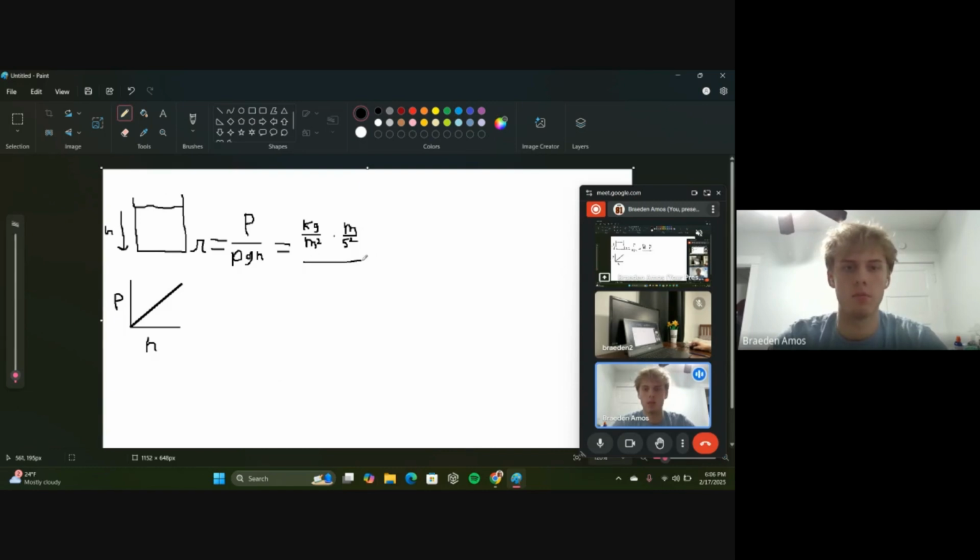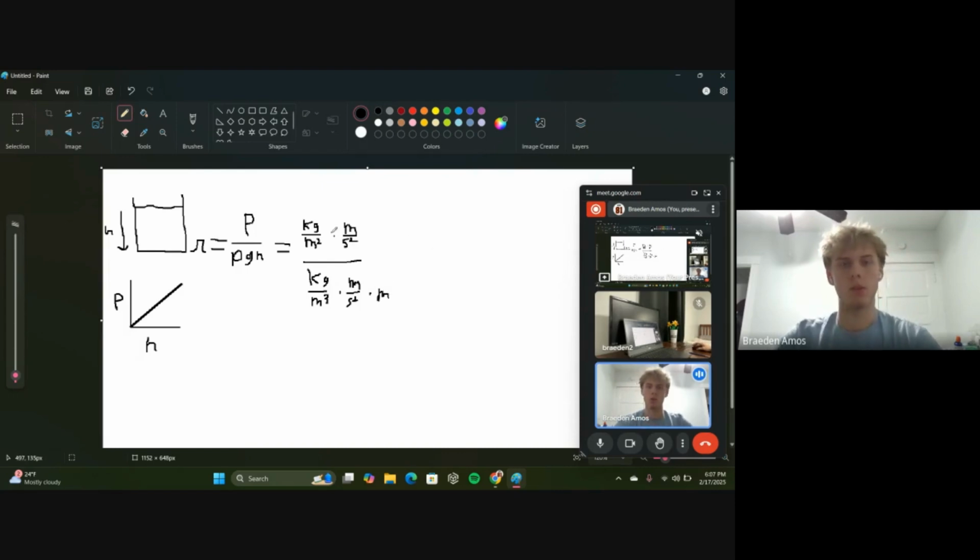Then on the bottom, we get kilograms over meters cubed times meters per second squared times meters.